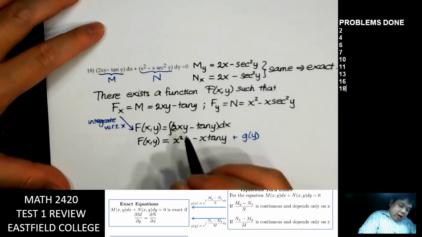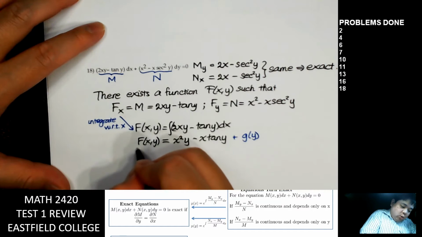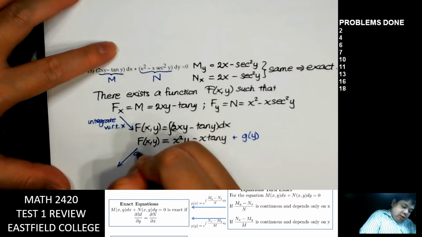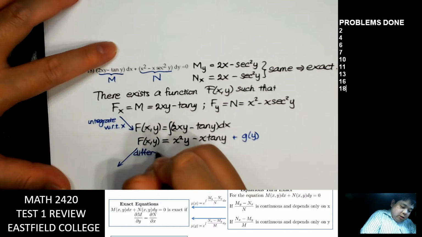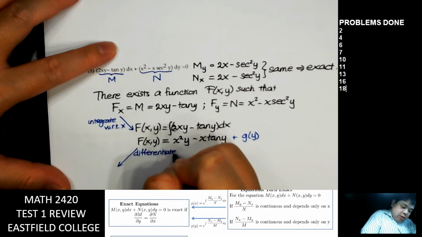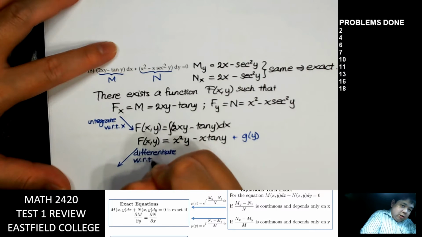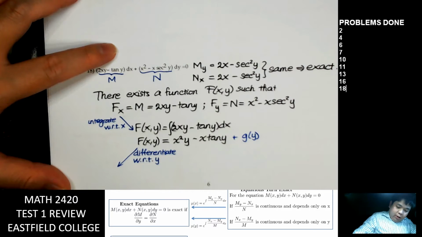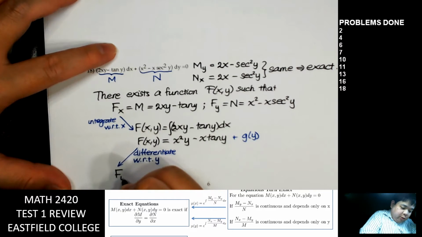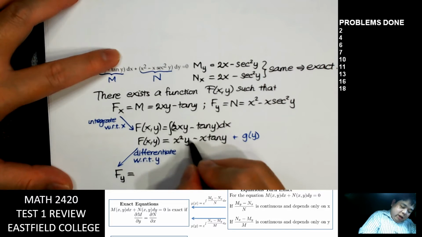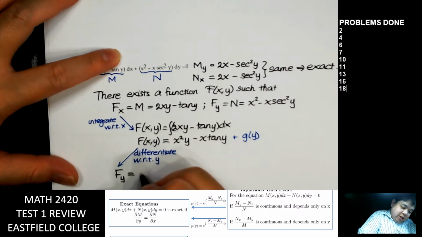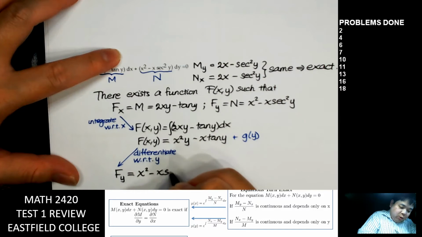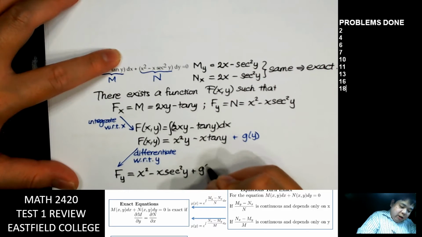Next we will differentiate with respect to y. The derivative of f with respect to y will be equal to x squared minus x, the derivative of x tangent y with respect to y is secant squared y, plus the derivative of g, g prime.